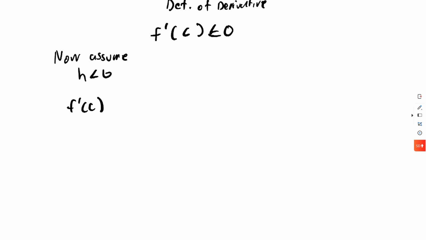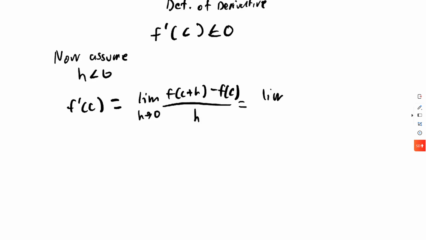If you do that same argument, you're essentially going to get f prime of c is the limit as h approaches 0 of f of c plus h minus f of c over h, which is the same thing as the limit as h approaches 0 from the left, right?